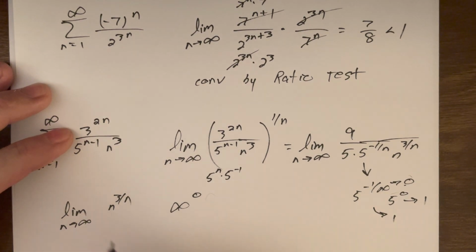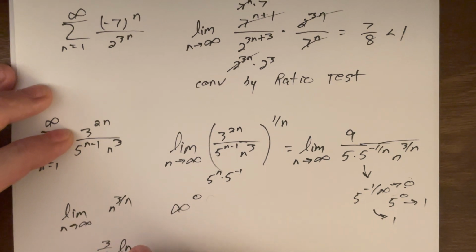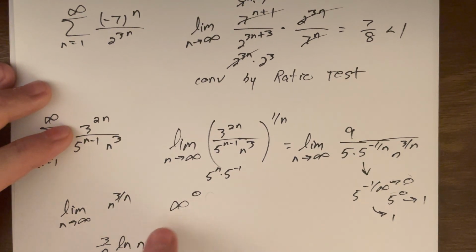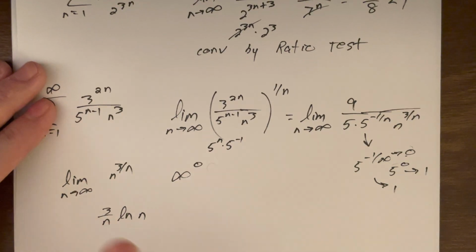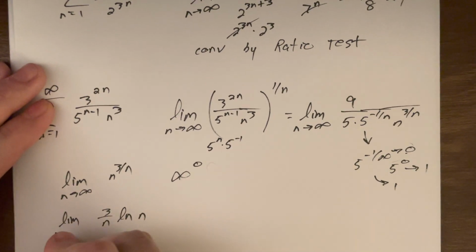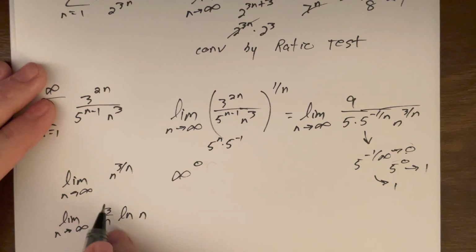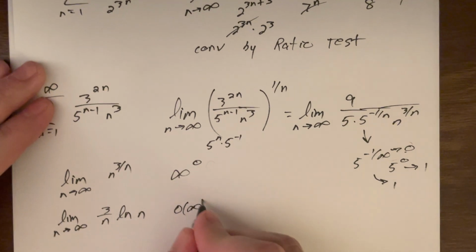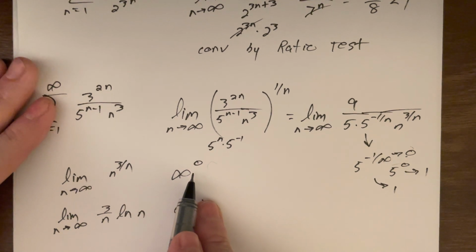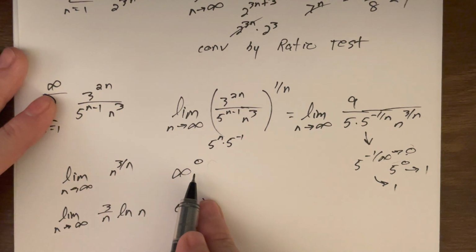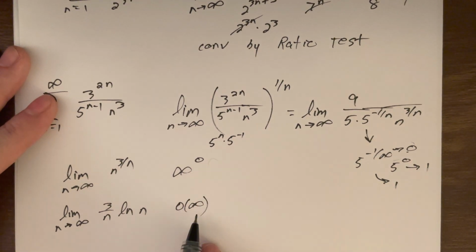So I'd have to end up doing log of this whole thing. And then the log of all this, the 3 over n can kick out in front. Technically right here on this line, this piece is going to 0, 3 over infinity, but log of infinity goes to infinity. So I've changed from one indeterminate form to another.